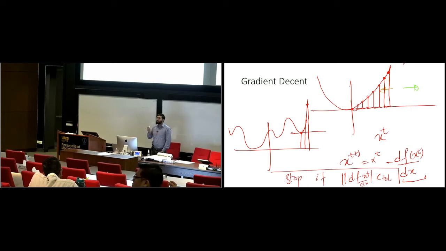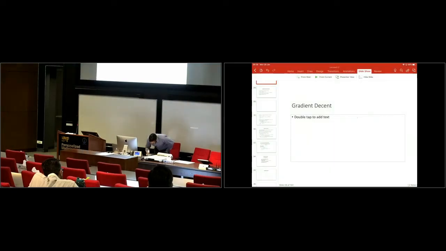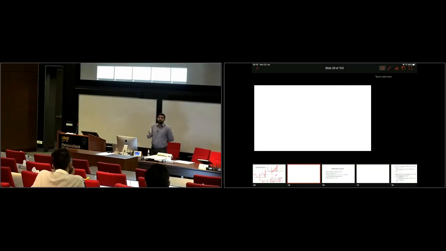Let me give you an example. Let me just get another slide. It's probably better to show it clearly. So the question is, why don't we say that stop when the gradient is equal to 0?